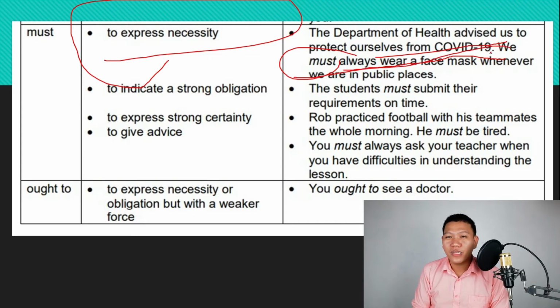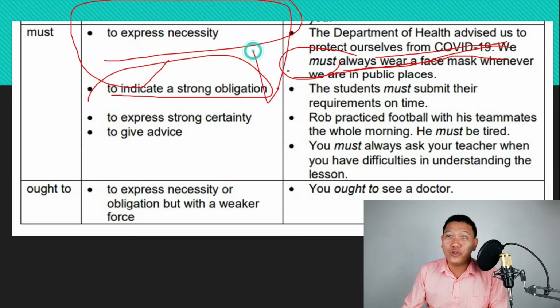Remember that. You must wear a face mask every time you go outside, to the mall or grocery stores, or anywhere, just to make yourselves safe. It's a must. To indicate strong obligation, necessity: you are obliged, you are required, it's needed.